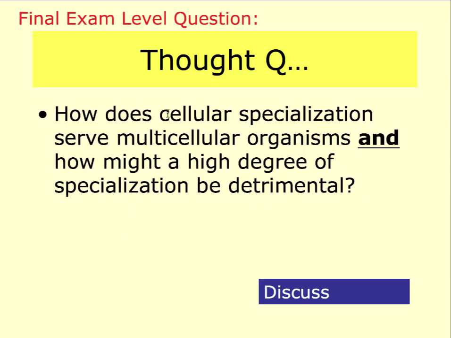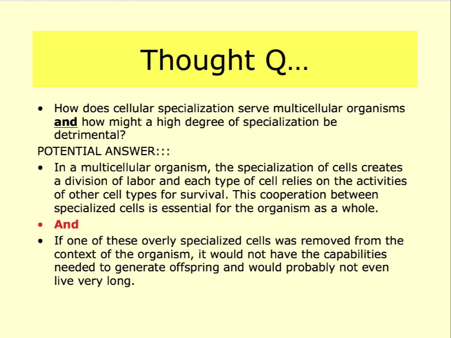So what are the benefits of having multicellular organisms, and what are some of the negatives? This will be an essay type question, and the student is expected to generate an answer of this particular caliber. And you can stop the video here if you want to read the answer.